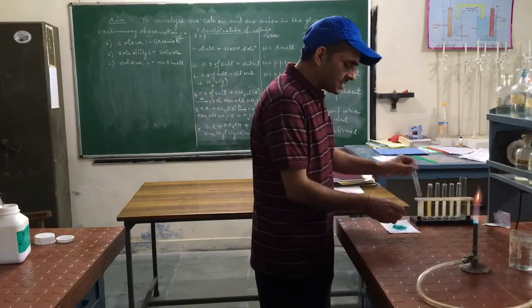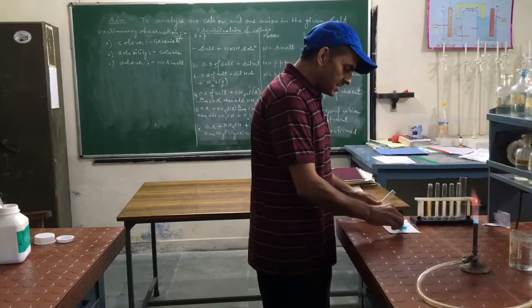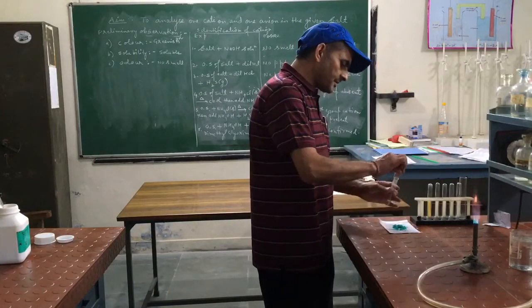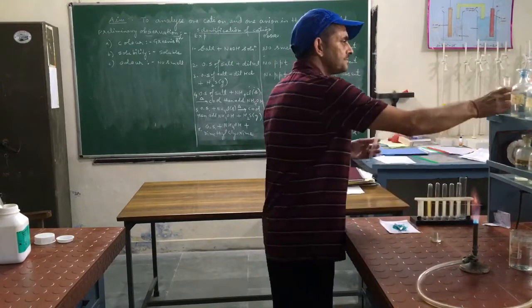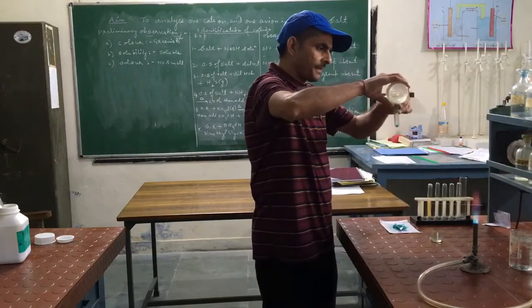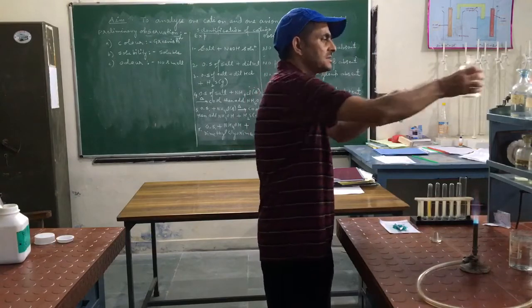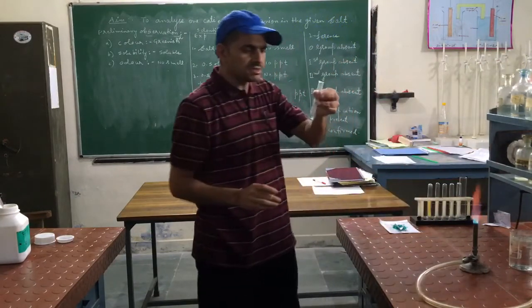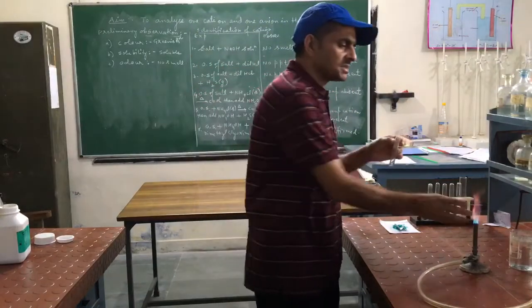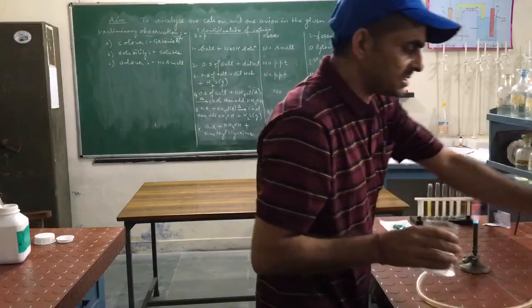We will start from zero group, taking a salt in a test tube. We will add NaOH to it and smell it. There is no ammoniacal smell, means zero group is absent.